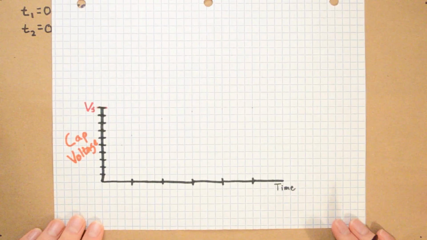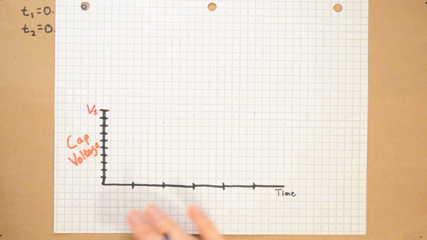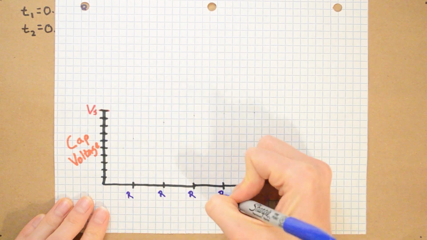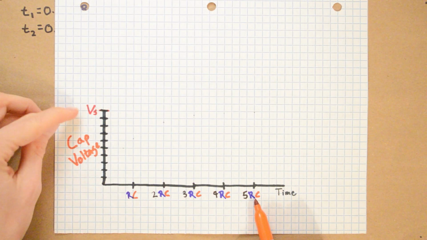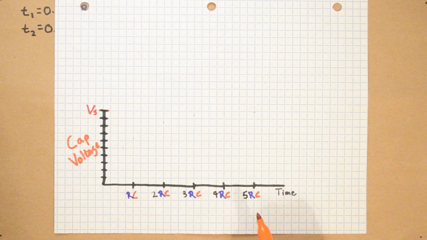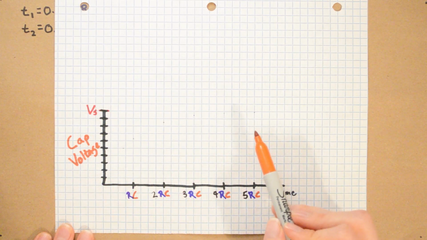First, let's label this time axis. Instead of labeling it as an actual time, I'm going to label it in terms of R times C. What we said is that the capacitor will be fully charged at 5 RC, and it will be fully charged to the amount of the source voltage. And since it's not linear, it's not just going to be a straight line up to 5 RC.